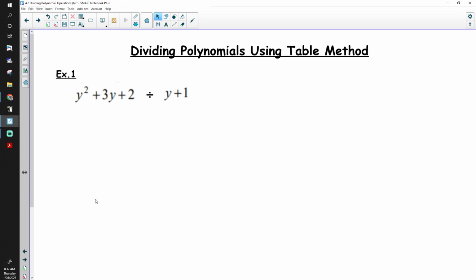So here's our first example. And we are going to use long division in order to divide these two. So the first thing we need to do is set it up. So just like before, we draw this upside down L. I'm probably going to do it off to the side here. My big polynomial, called the dividend, goes on the inside.